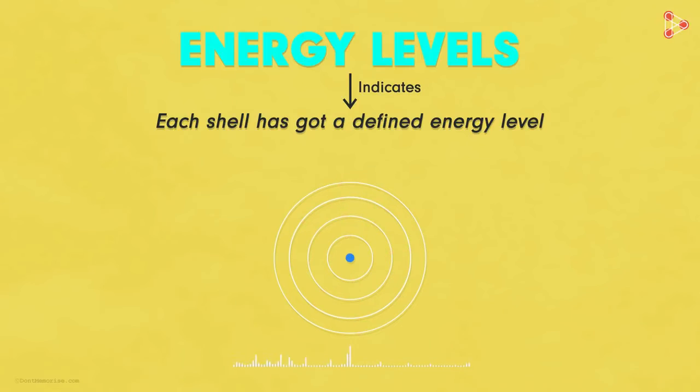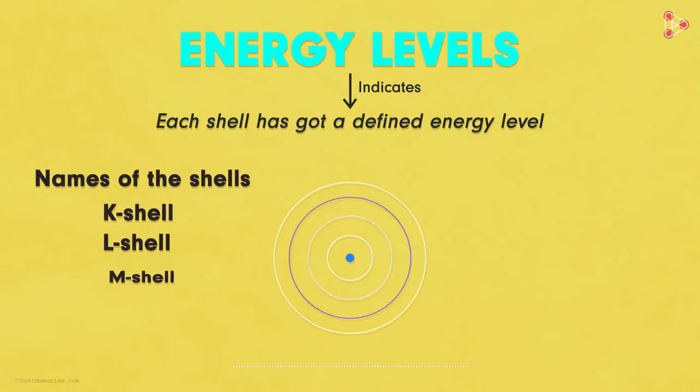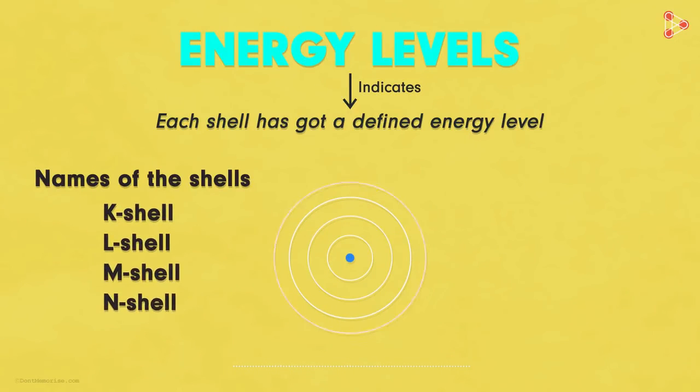And how do we name these cells to indicate their positions? It's simple. Beginning from the one near the nucleus, we name them as the K cell, L cell, M cell, N cell, and so on. Yes, K, L, M, N, and so on.